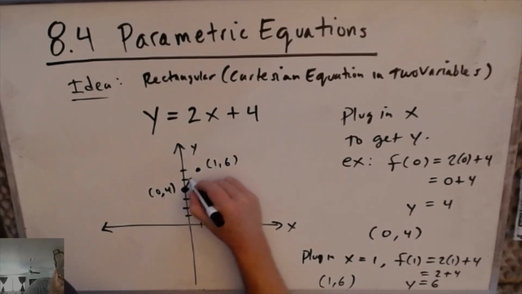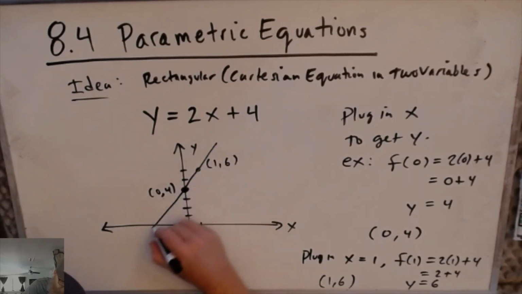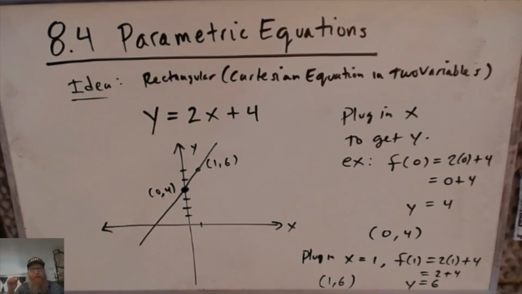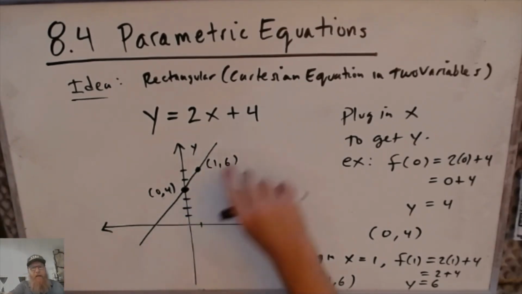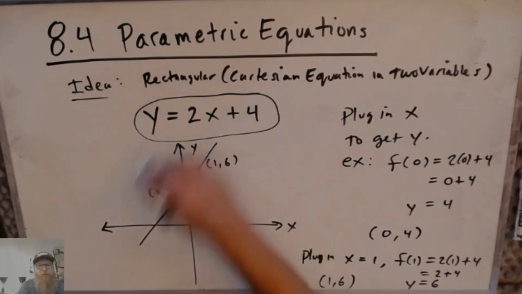And we would have this graph. And so that would be the graph of the line y equals 2x plus 4.